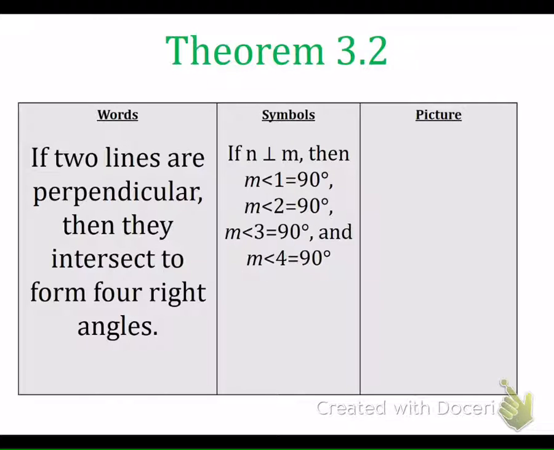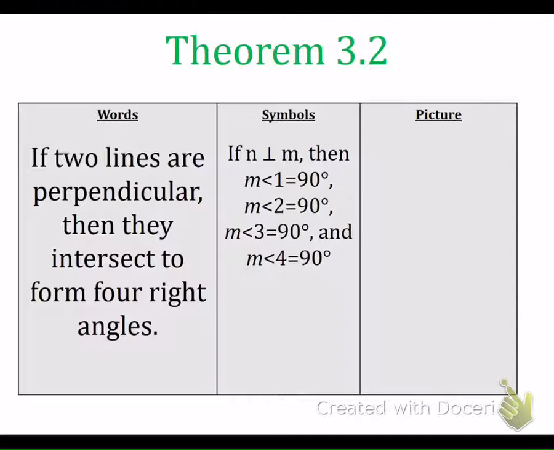This theorem says that if two lines are perpendicular, they intersect to form four, underline the word four, right angles. Usually only one of them is labeled, but you know that all of the angles at that intersection are right angles, okay?